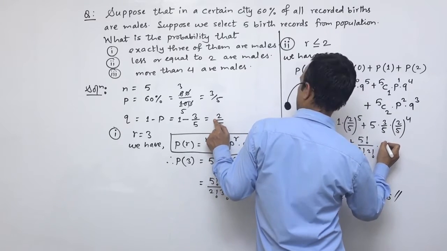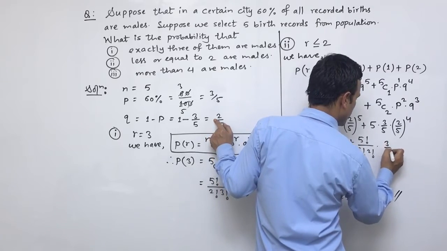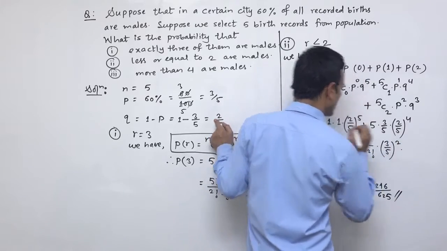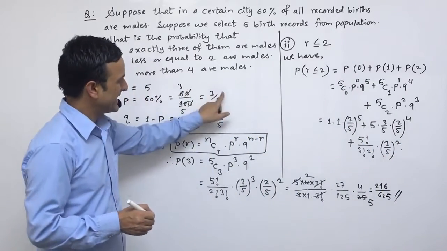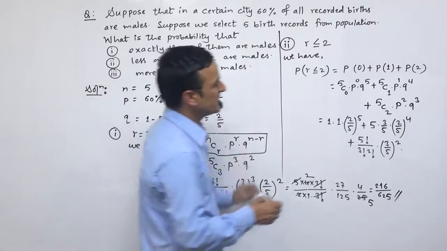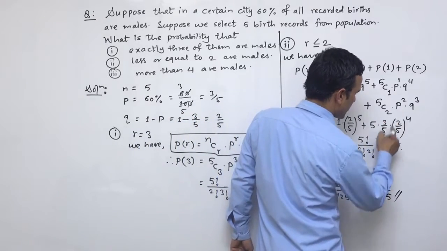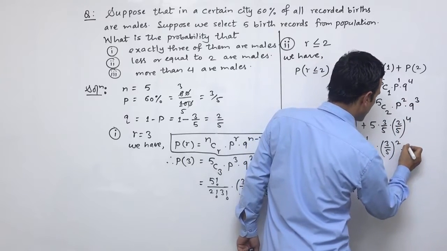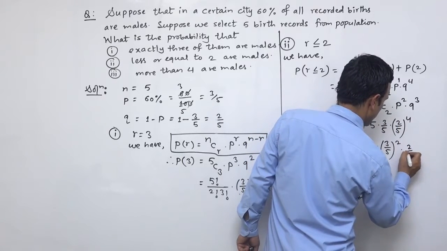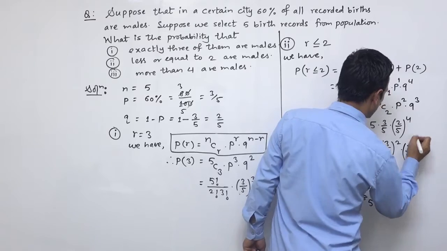P means 3 upon 5 power 2. Here is the value of P, 3 upon 5. Write down here 3 upon 5 power 2, and the value of Q is 2 upon 5 cube.